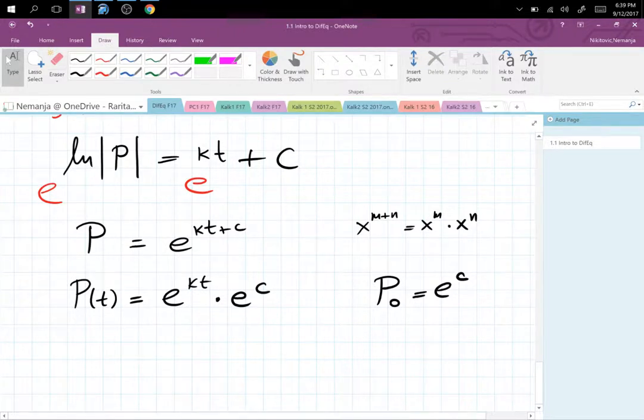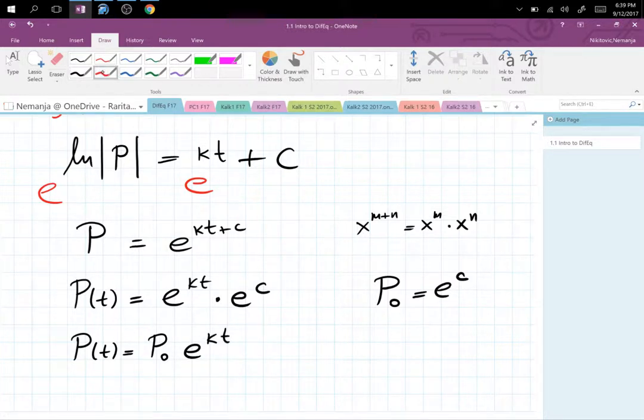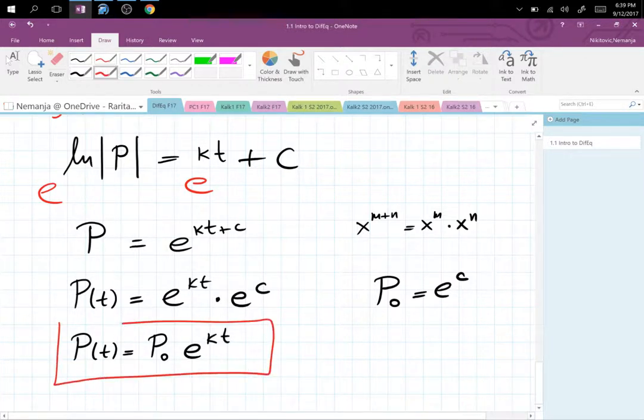We call that initial population, p naught, p0, whatever you want to call it. So our model becomes p of t equals p0 e to the kt. Now this over here is the general solution to the differential equation.